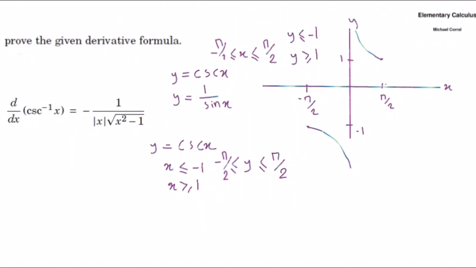So the graph is like this. At x equals 1, y equals pi over 2, and the graph is like this, and at negative 1 the function equals negative pi over 2, and the graph is like this.